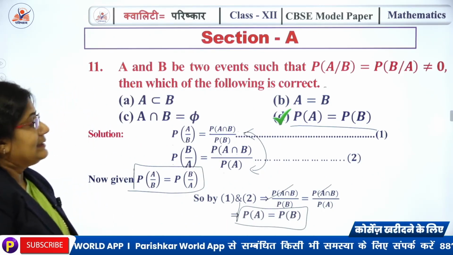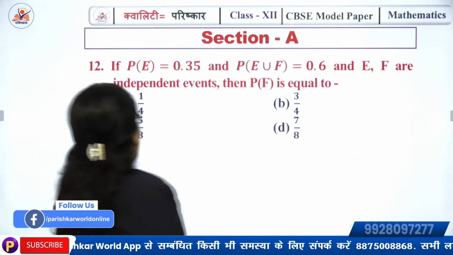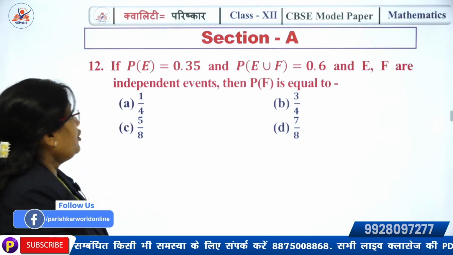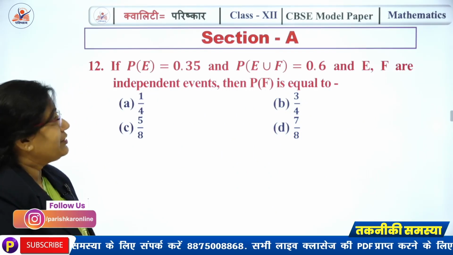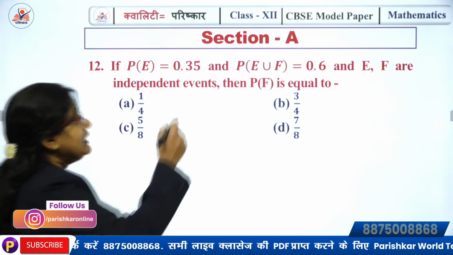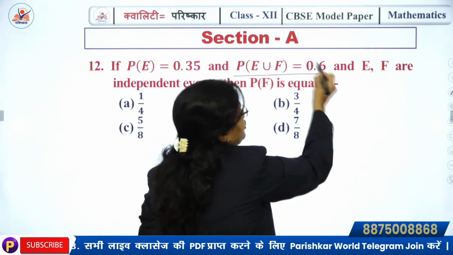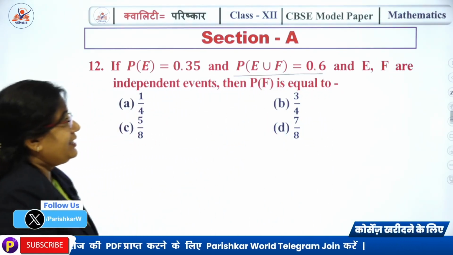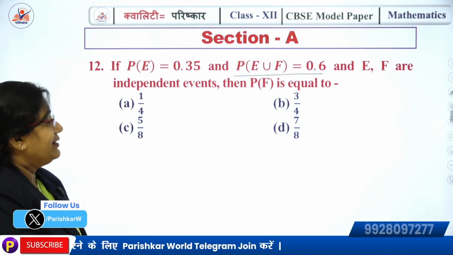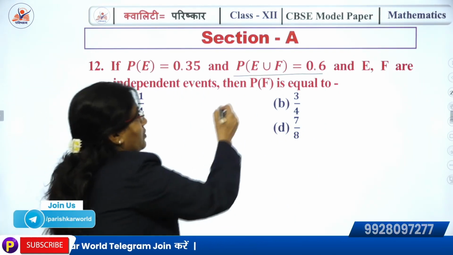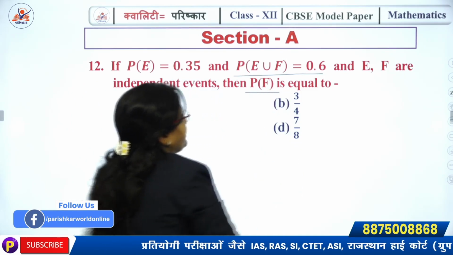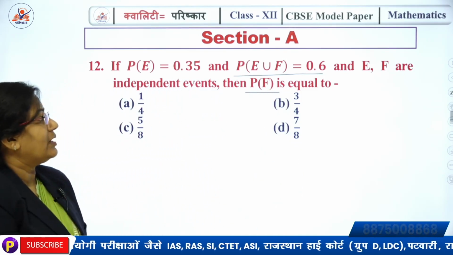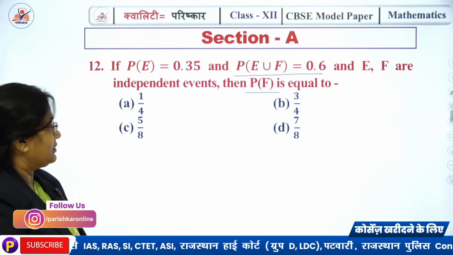Okay, students. Question number 12. If probability of E is given by 0.35 and probability of E union F is given by 0.6 and E, F are independent events, then what is the probability of F? That means we have to find out the probability of F. Let's start.